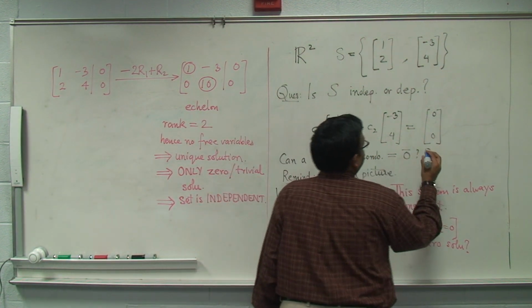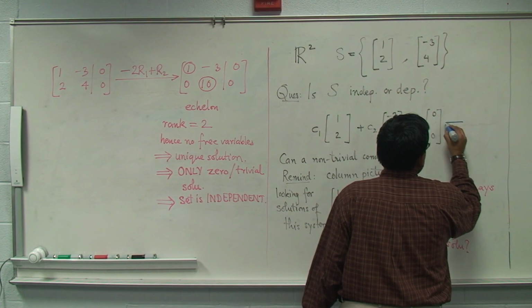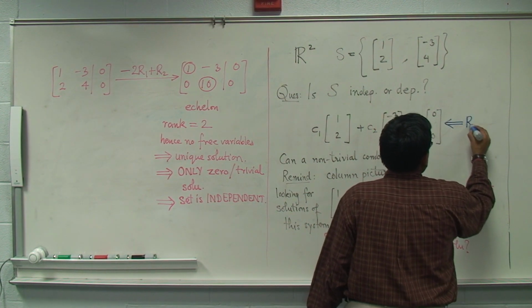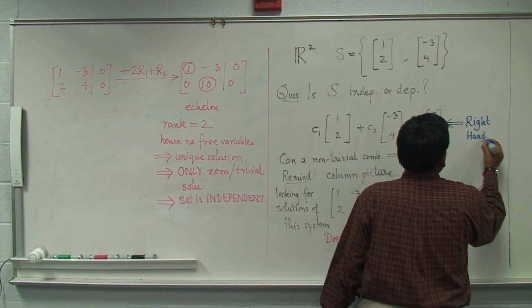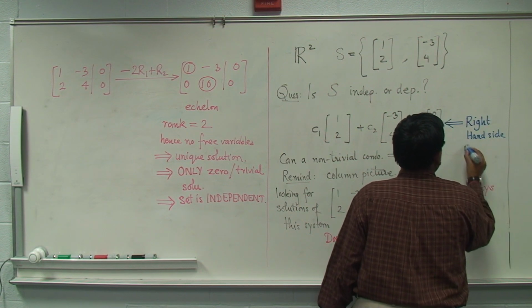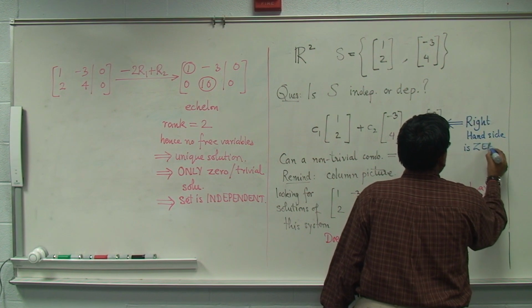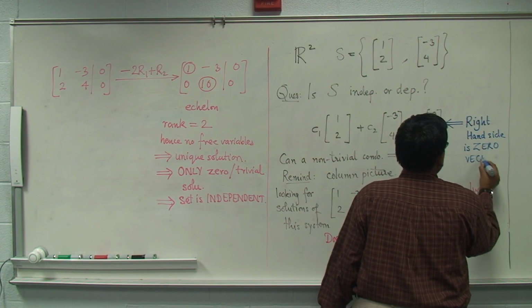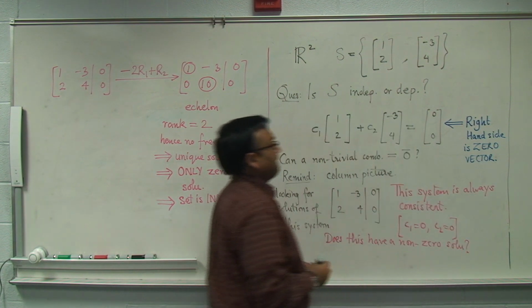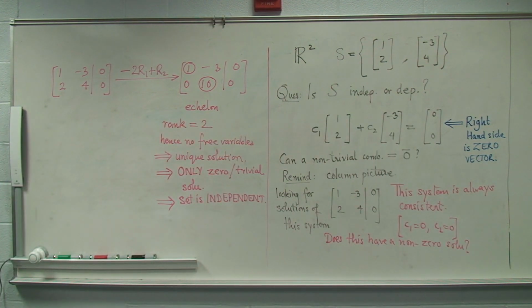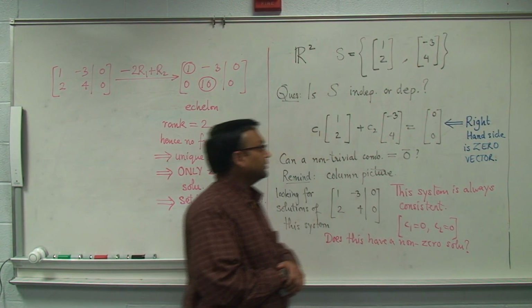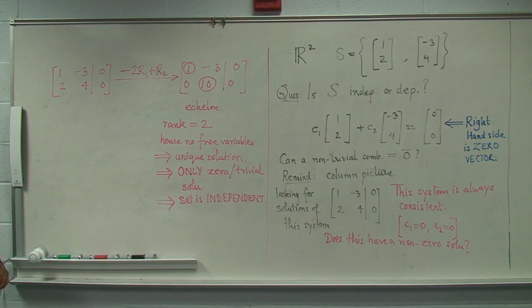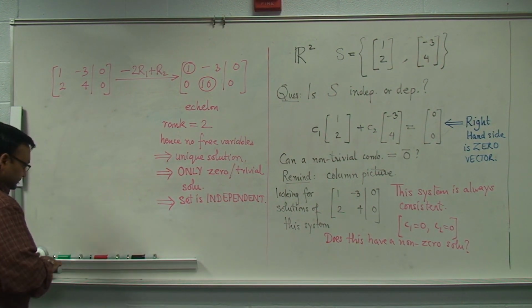The right-hand side is 0. The right-hand side is a 0 vector. So in some sense, we are not after just any kind of system of equations. We are after that system of equations where the right-hand side is a 0 vector, and we have a name for it. We call it the homogeneous system of equations.